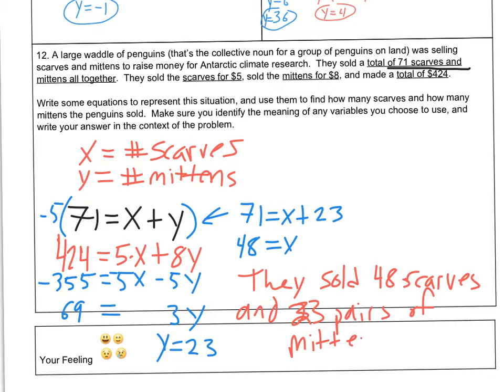It doesn't really say pairs, but I'm going to make an assumption that penguins don't sell one mitten at a time. And that's it. The key points here, we identified what the variables were, we made some equations, we solved the equations, and we wrote some kind of an answer in the context of the problem.